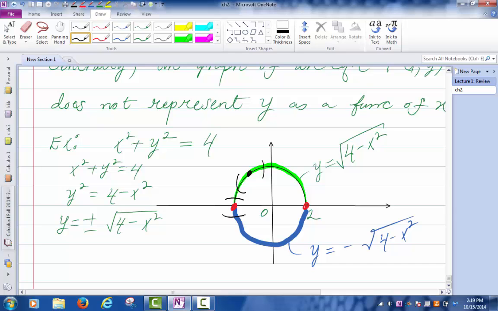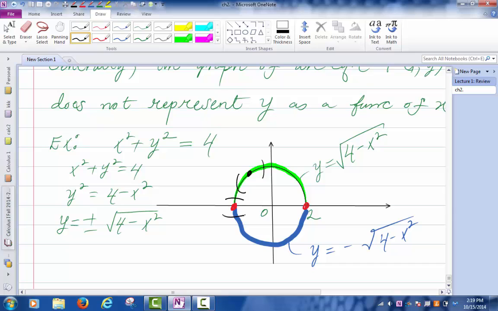But remember, the graph of a function can go through all quadrants, right? So that's not the reason. Why is it that if I take a part of the circle containing a red point, it can't satisfy the vertical line test?